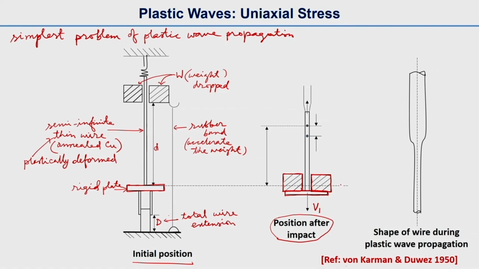If we consider this dotted line, the initial position of the plate, as x equal to 0, and a point on the wire at x equal to x, that means this distance is x. The displacement of this point in the downward direction is u.